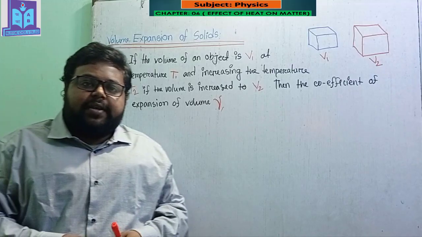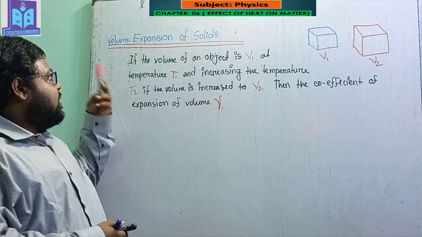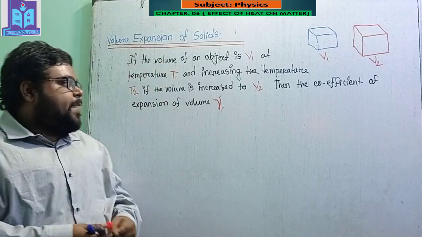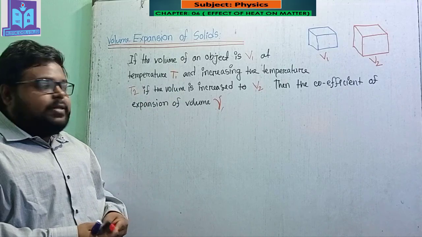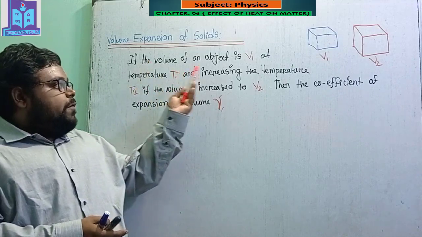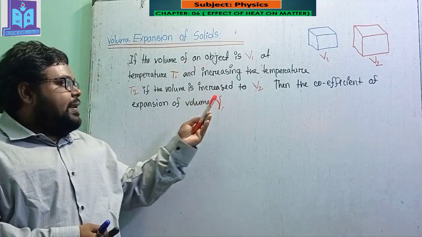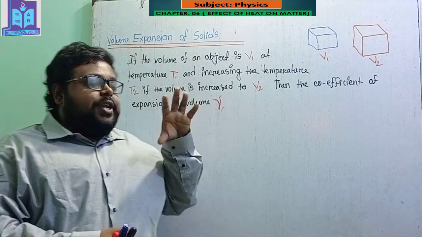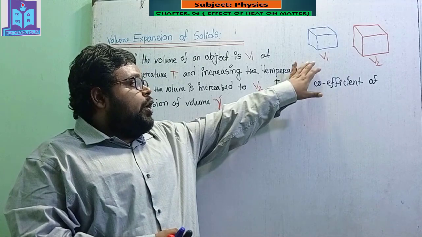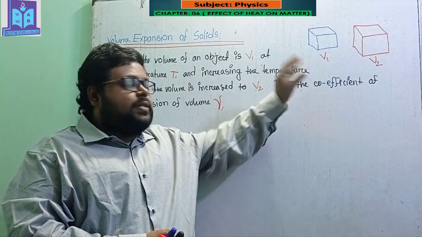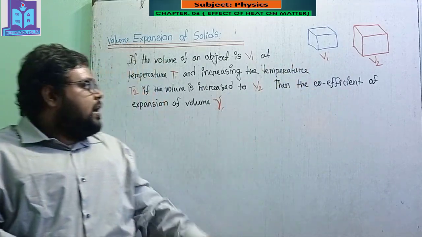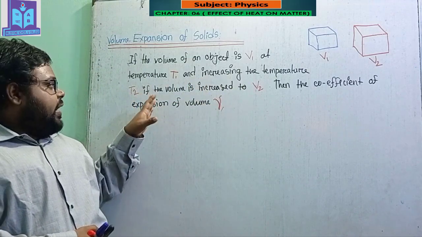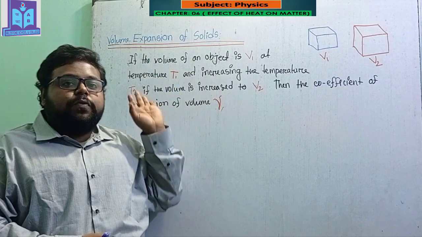Dear student, our next topic is the volume expansion of solids. Here you can see that if the volume of an object is V1 at temperature T1, that means at the initial temperature the volume of the object is V1. Increasing the temperature to T2, the volume is increased to V2.